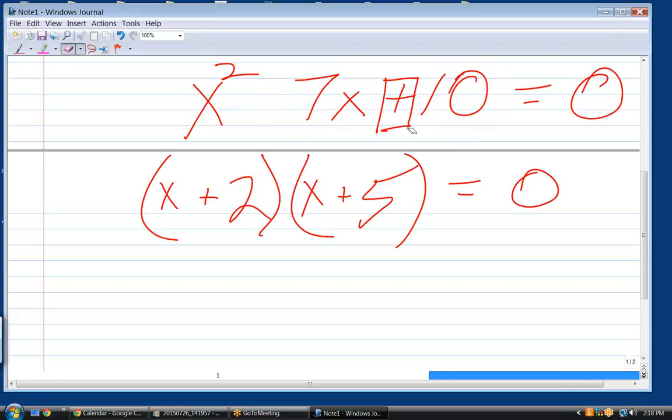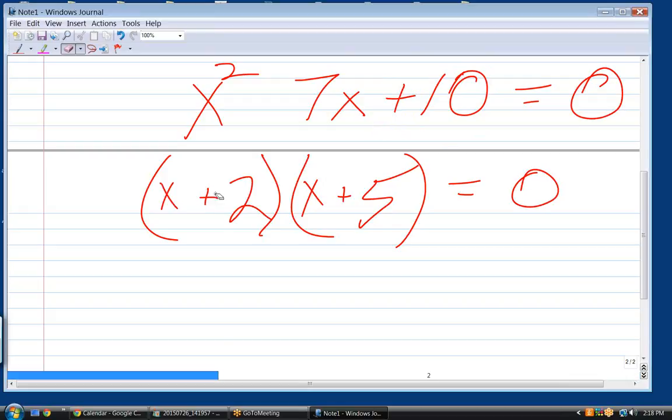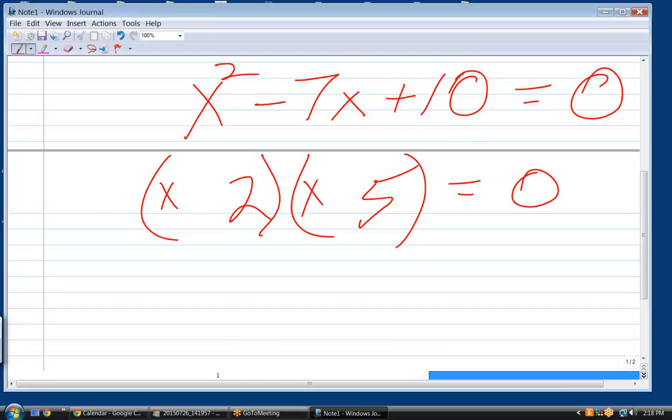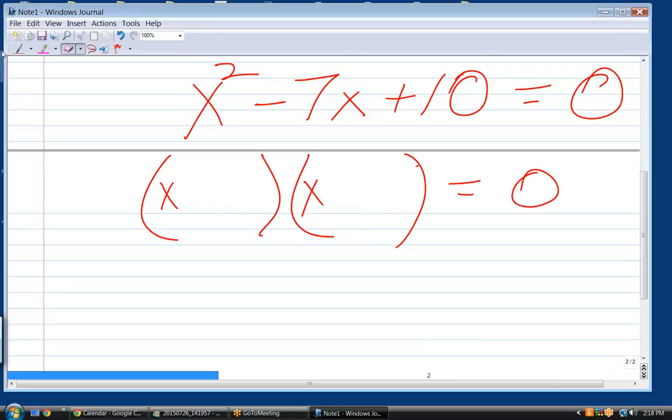Let's change it slightly. This is just a hard thing to get. Let's put a negative 7x there. Now, first step, split apart the x's, it's still x and x. What are both signs? Minus.